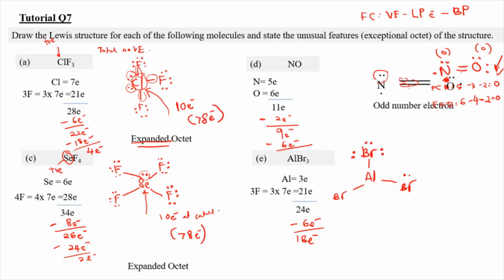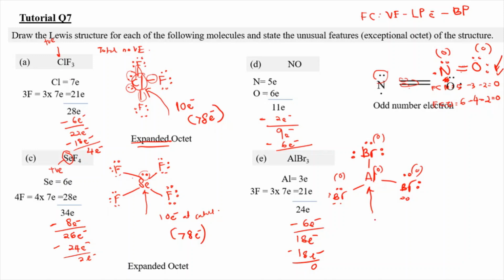So 18 electrons will be used in order to complete the octet at the terminal atoms. So 6, 12, 18. So all of the electrons have been used up and then equal to 0. Okay, and as a result, if you were to count the formal charge of the aluminium, you will get 0 here, 0 here, 0 here, and 0 here. So you can prove that to yourself.